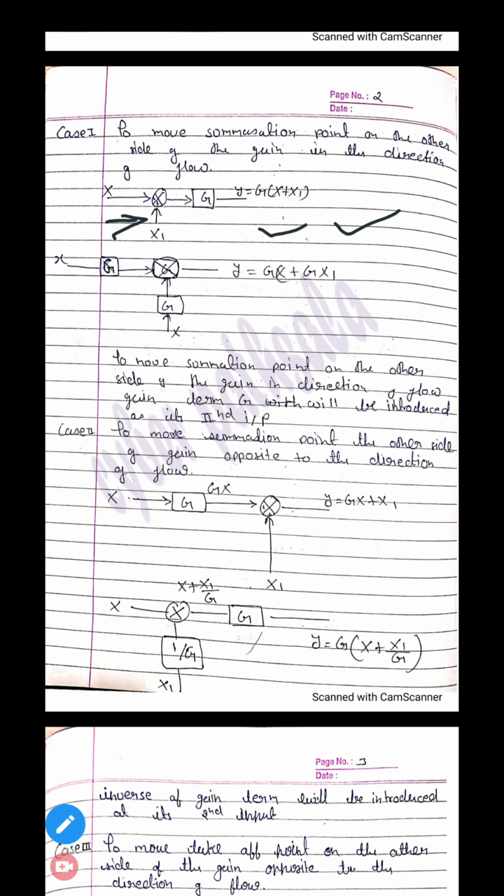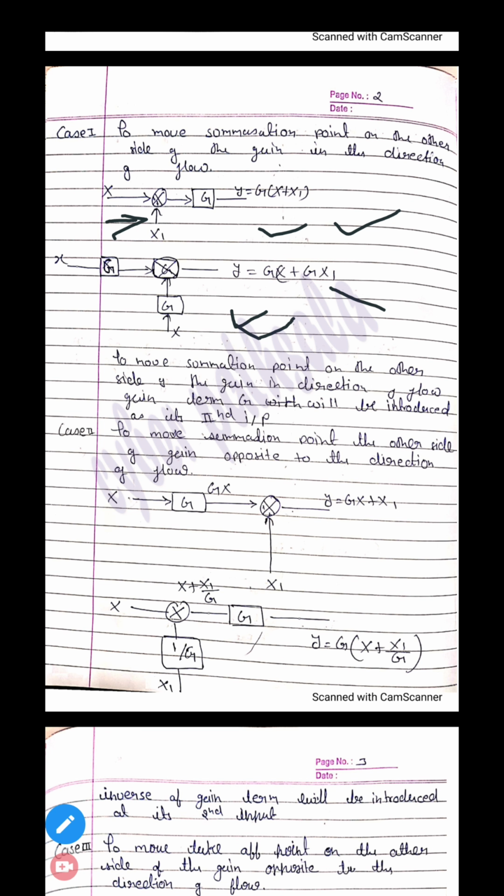When you move this summer in the direction of flow, you have to multiply with gain g, as you are not getting g before this. To move the summation point on the other side of the gain in the direction of flow, the gain term g will be introduced as its second input.